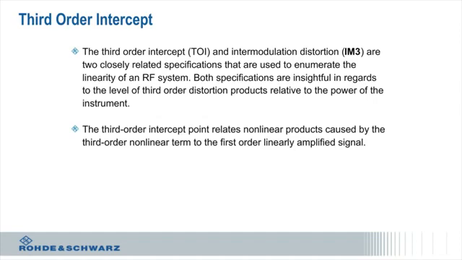Well, there are signals that might be close to my carrier which I can't filter out because they're too close. I can't make a filter good enough to do that and still be able to pass my signal. So that's why you need to be concerned about and measure the third order intercept of my amplifier receive chain.